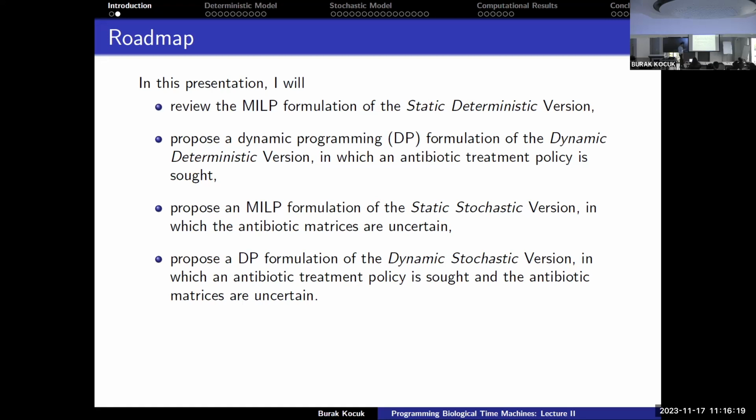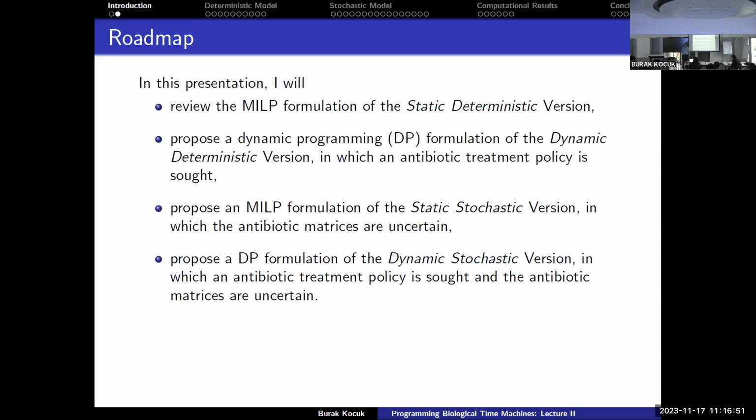Okay, so here static means the following. I decide what to do at the very beginning without observing anything. Which is what you did previously. Yes, that's the term. Dynamic version means that I apply the first antibiotic, I observe what happens, it's my next state, and then based on that observation, I design the second step.